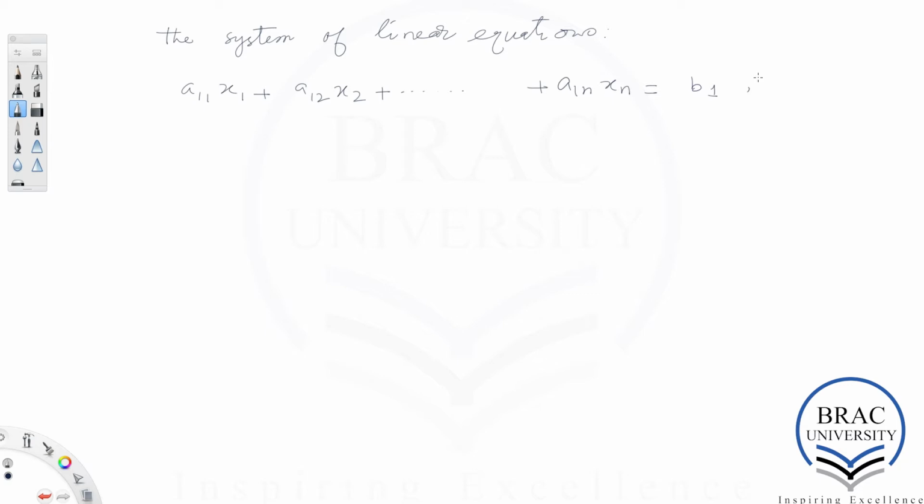These are the unknowns. The second equation is a21 x1 plus a22 x2 plus all the way up to a2n xn, which is equal to b2. The mth linear equation is given by am1 x1 plus am2 x2 plus all the way up to amn xn.